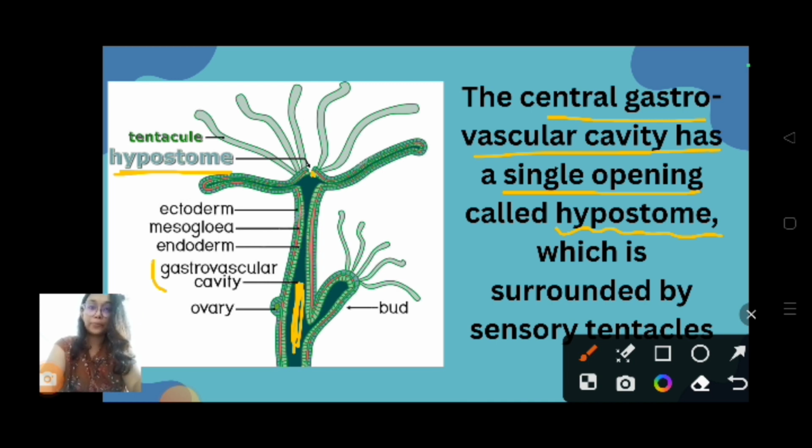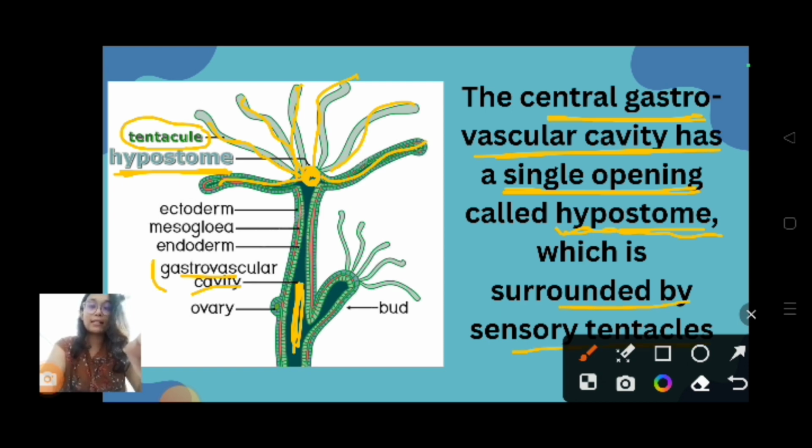Is it clear? And this hypostome is surrounded by this tentacular structure. These are the tentacles which are surrounding the hypostome. This one is the opening, hypostome. Okay, single opening of the gastrovascular cavity. So in this point it is saying the central gastrovascular cavity has a single opening known as hypostome, which is surrounded by sensory tentacles.